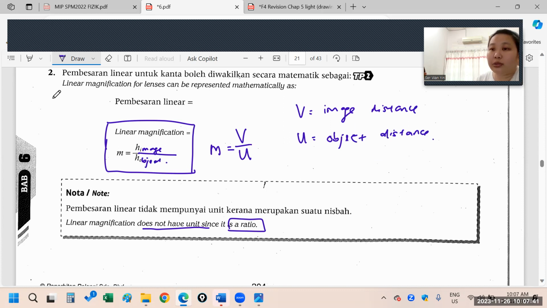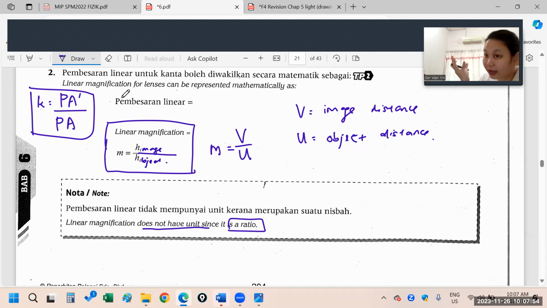Actually, it's in your maths you learned before. K equals PA prime divided by PA. Enlargement transformation. So how much it magnified? How much it diminished? Let's say your image length is 10, your object length is 5.